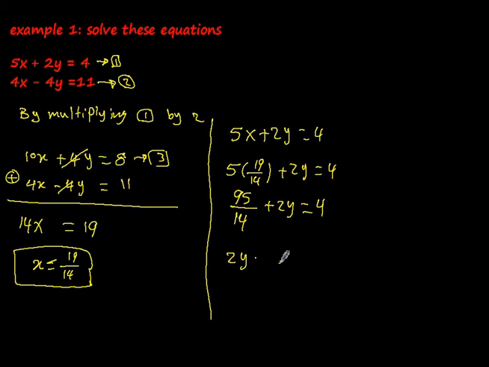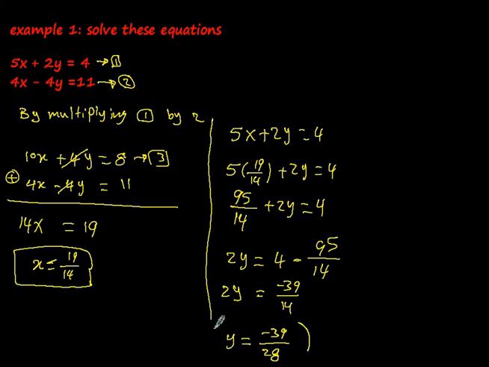So 2y equals 4 minus 95 over 14. 2y equals negative 39 over 14. And now by dividing by 2 both sides, so y equals negative 39 divided by 14 equals negative 39 over 28. And this is the value of y.